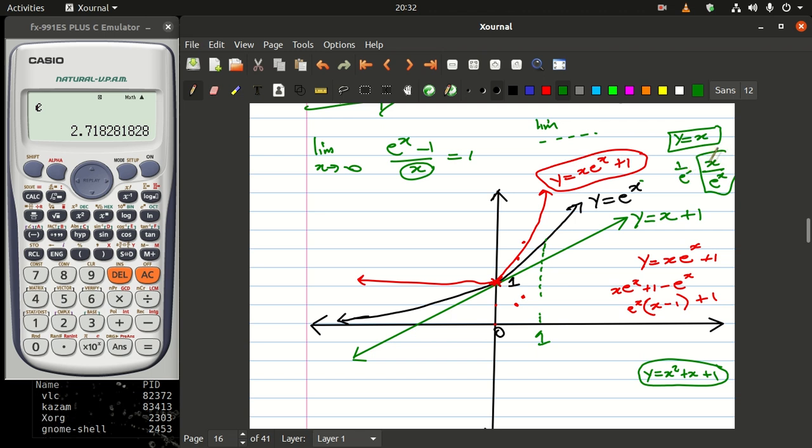So as much as this is getting bigger, this one is making it even smaller, and this one is faster than this one. So this one is increasing faster than x, therefore this one will be insignificant compared to that. This one is always going to be lower than this.